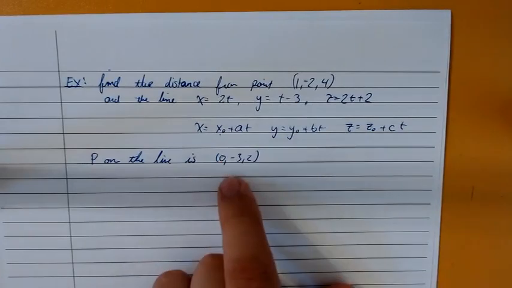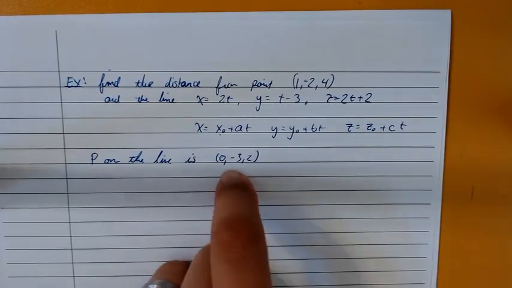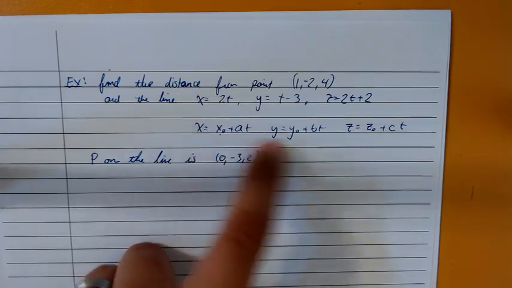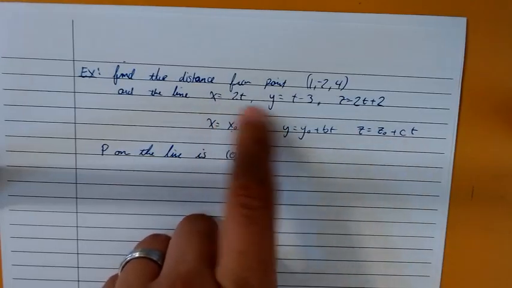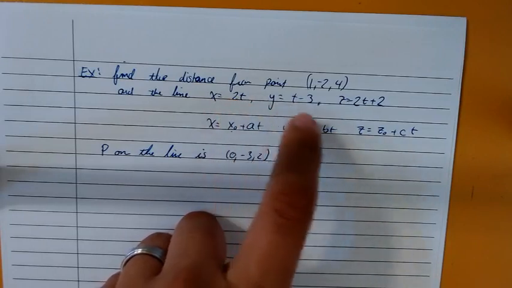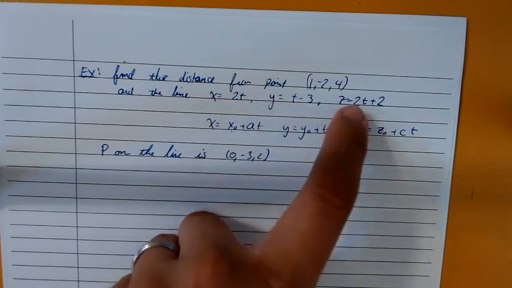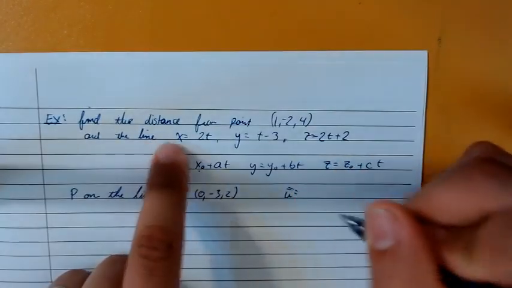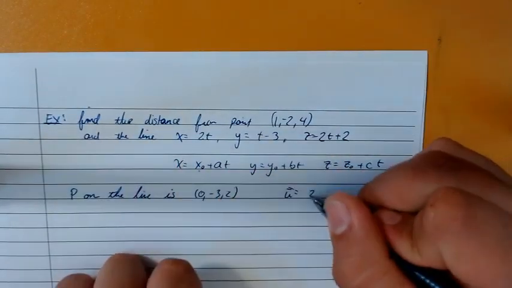All right, so we find one point on our line. We can find the direction vector by looking at the a, the b, and the c, the coefficients on the linear parameter. In this case, 2t, 1t, 2t. That means that the direction vector u is given by 2, 1, 2.